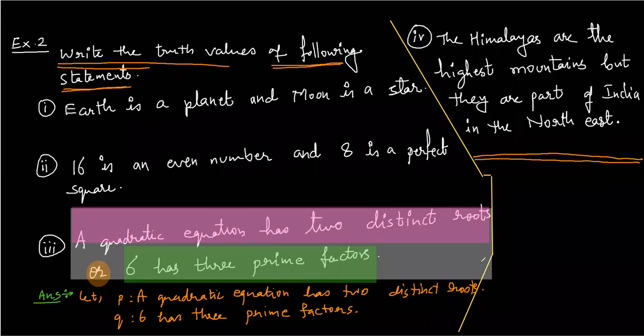Not always does a quadratic equation have distinct roots. So the given statement is not true. P is false. Why? Because P says a quadratic equation has 2 distinct roots.